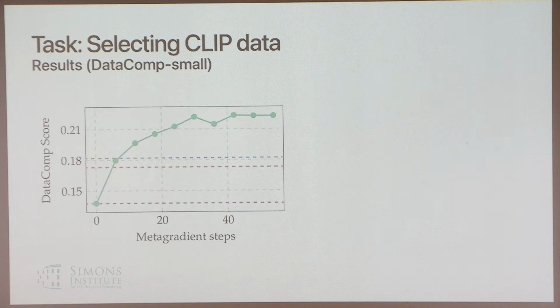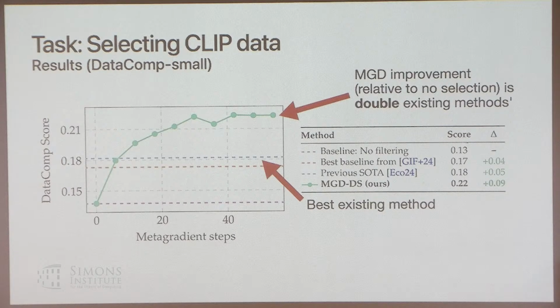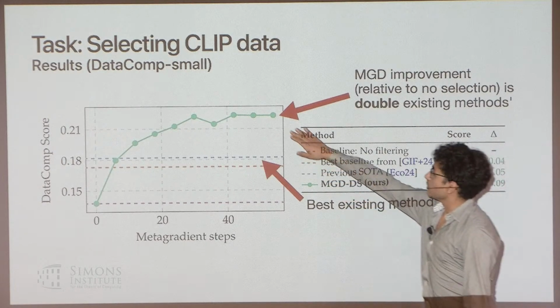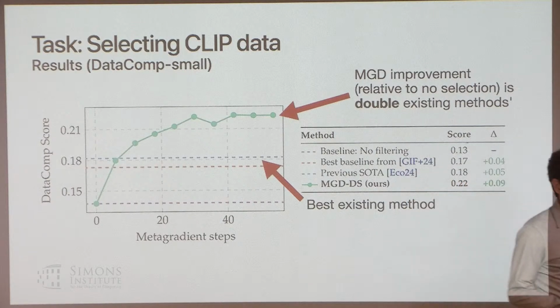OK, and so if we just apply this gradient descent approach, what we'll find is that we can do a lot better at data curation, right? Just by doing gradient descent on the data weights directly, we're able to find a new training data set, given in green, in 40-something steps of metagradient descent, which is just this meta algorithm I showed you earlier.